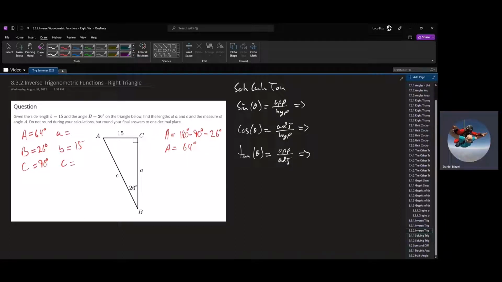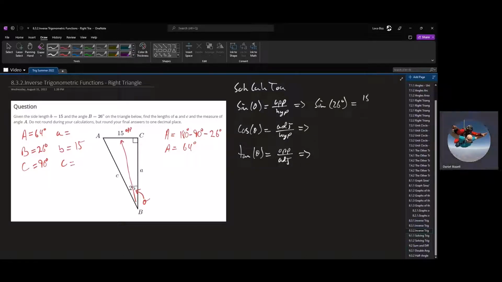So we're going to go ahead and use this 26 degrees as our theta. So we have sine of 26 degrees. The opposite side from our 26-degree angle is our 15.